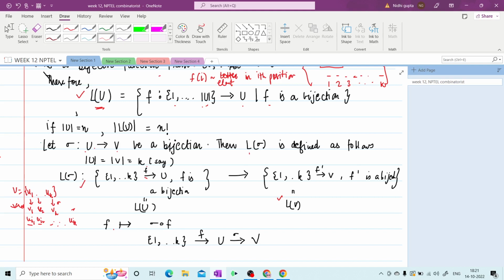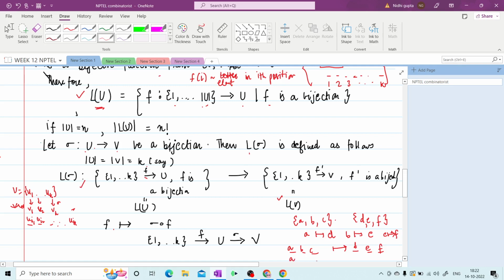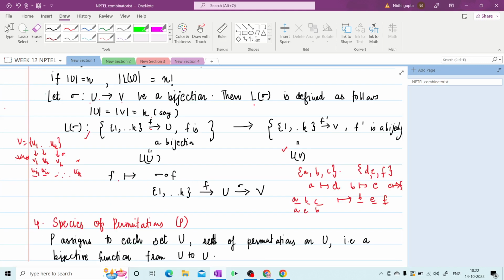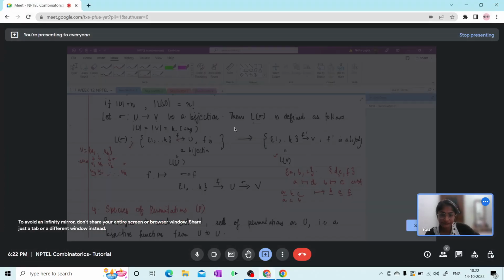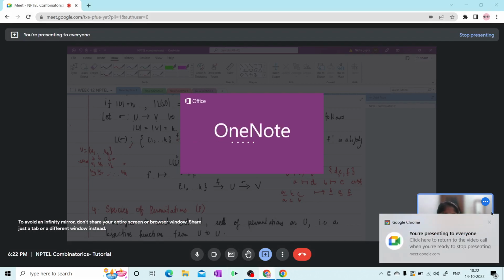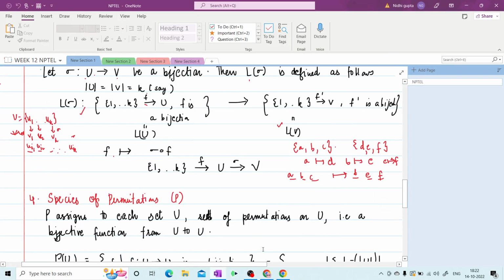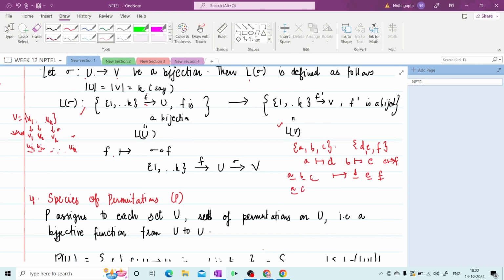So in principle, suppose you have two sets A, B, C and D, E, F, and your sigma is A goes to D, B goes to E and C goes to F. If this is your linear arrangement A, B, C, the corresponding linear arrangement here is D, E, F. If the linear arrangement is A, C, B, what should be the corresponding linear arrangement?